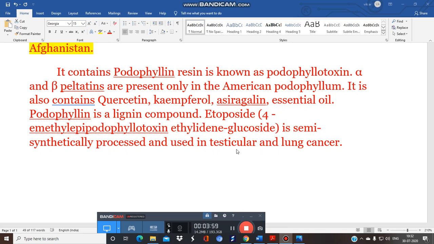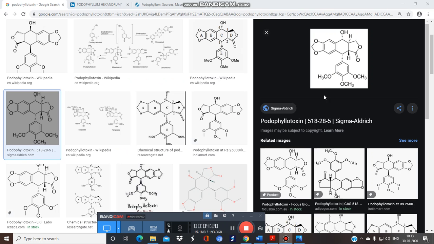Remember this line: in the American podophyllum, Podophyllum peltatum, there are two chemical compounds, alpha and beta peltatins. These are present only in the American podophyllum and absent in the Indian podophyllum, Podophyllum hexandrum.